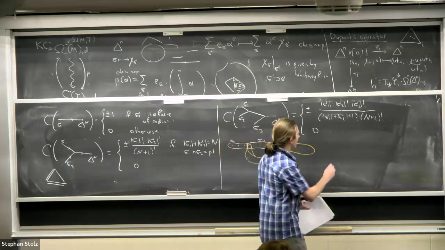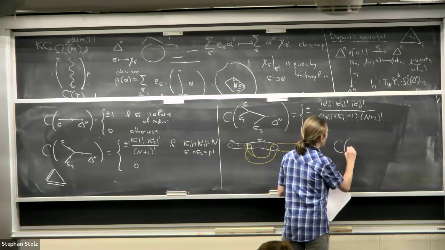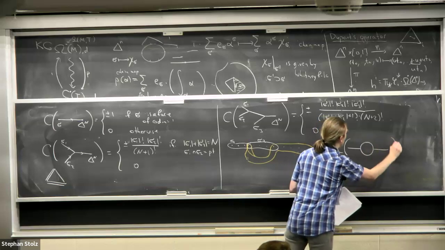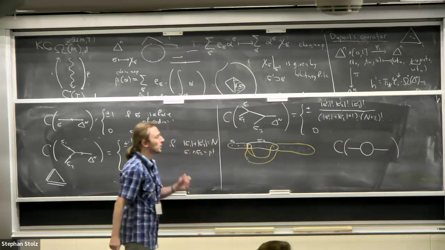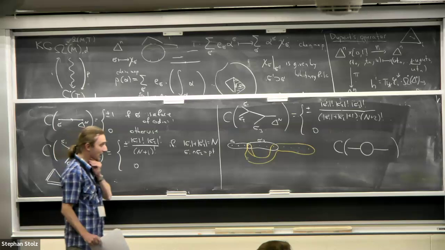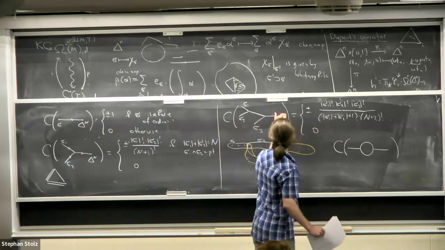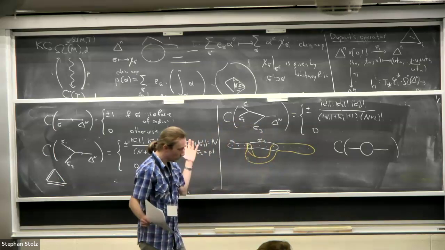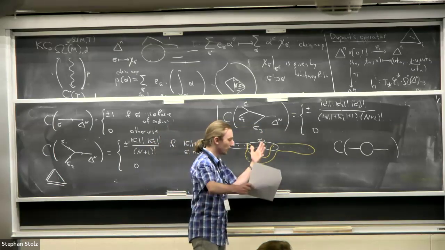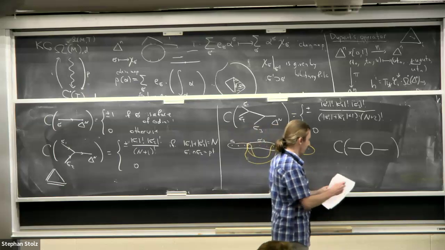So now let me show you one example of a loop graph. Honestly, computing the values of loop graphs is extremely complicated, because it's a different level of difficulty than tree diagrams, because you need to calculate regularized supertraces over the infinite dimensional space.